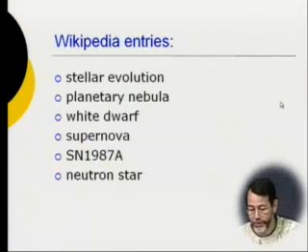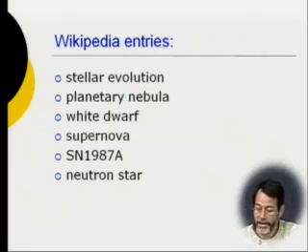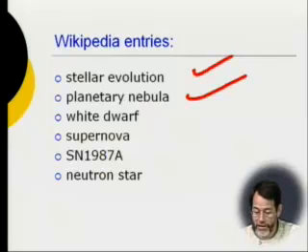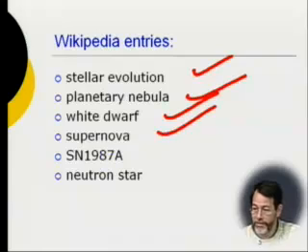Okay, so the Wikipedia entries for today will be stellar evolution, star death. You have to get to star death. You have to live a star life to get to star death. Planetary nebula, we'll talk about what those are and why they have little to do with planets. A white dwarf, and why that's not a derogatory term. A supernova, big boom.